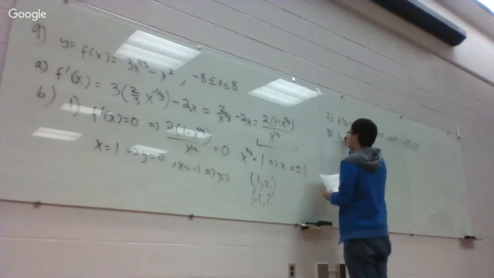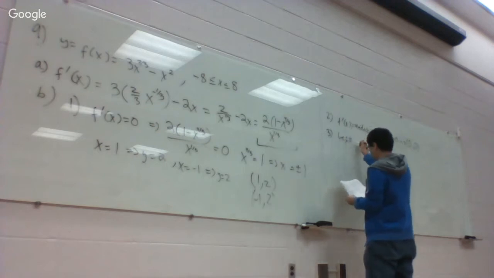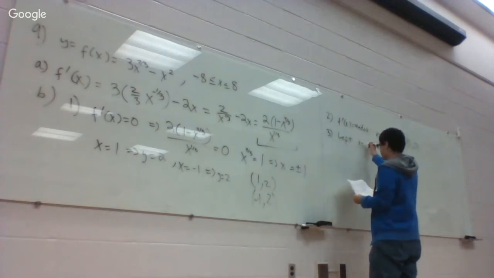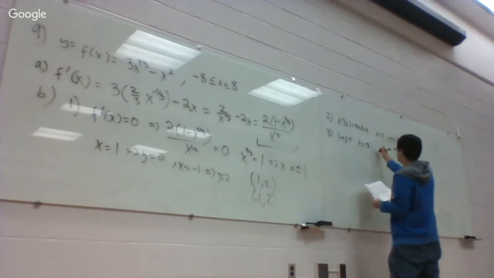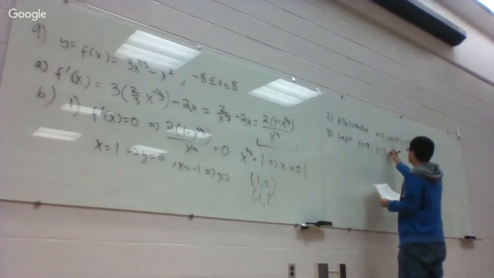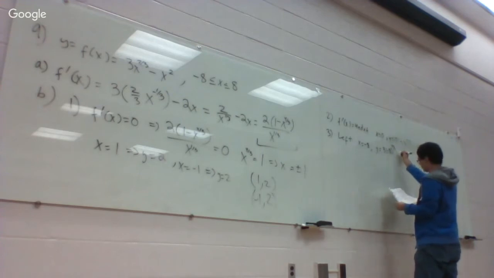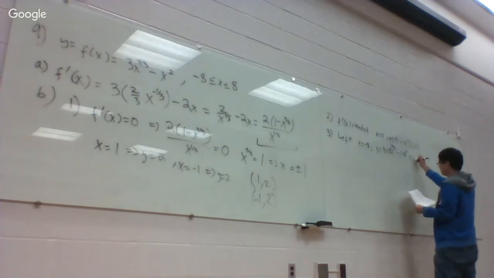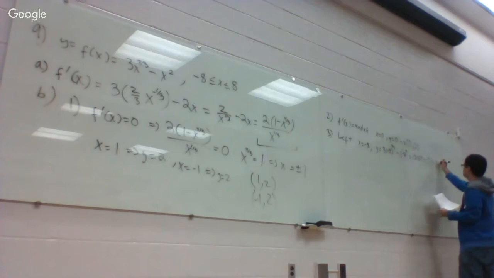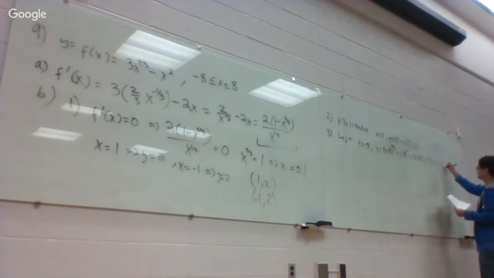Good. So we test the left endpoint first, which is x equal to negative 8. Y is equal to 3 times negative 8 to the 2/3 minus negative 8 squared. That's 12 minus 64, negative 52. Therefore, that coordinate is negative 8 comma negative 52.